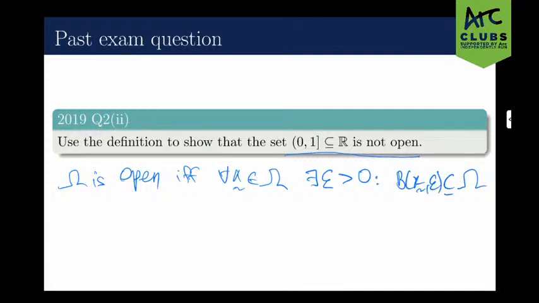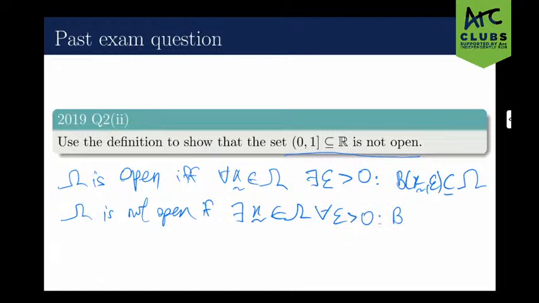This question wants us to prove it is not open, so I just need to negate this statement and change that to: there exists some x inside omega such that, no matter how small I make this epsilon, for any epsilon I choose, the ball is not going to be a subset of omega.